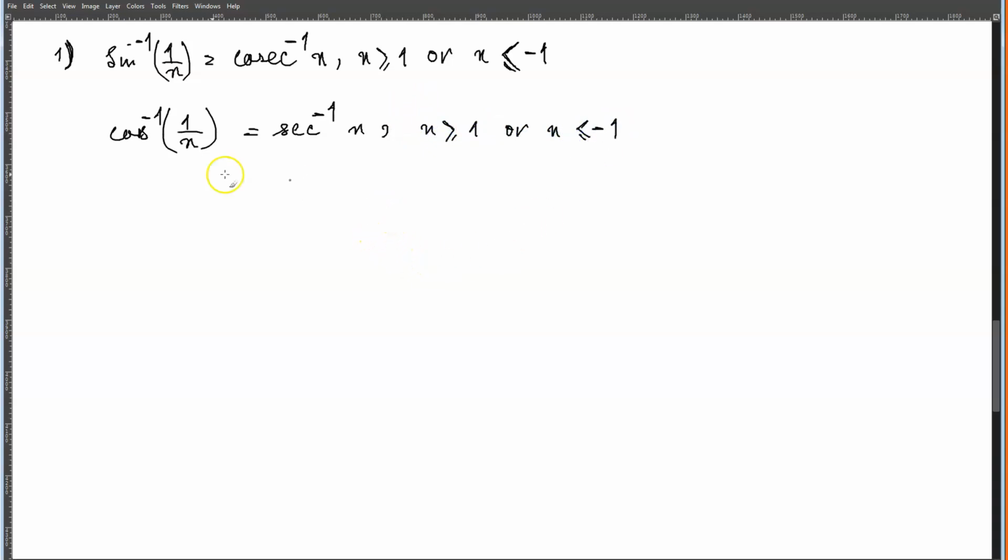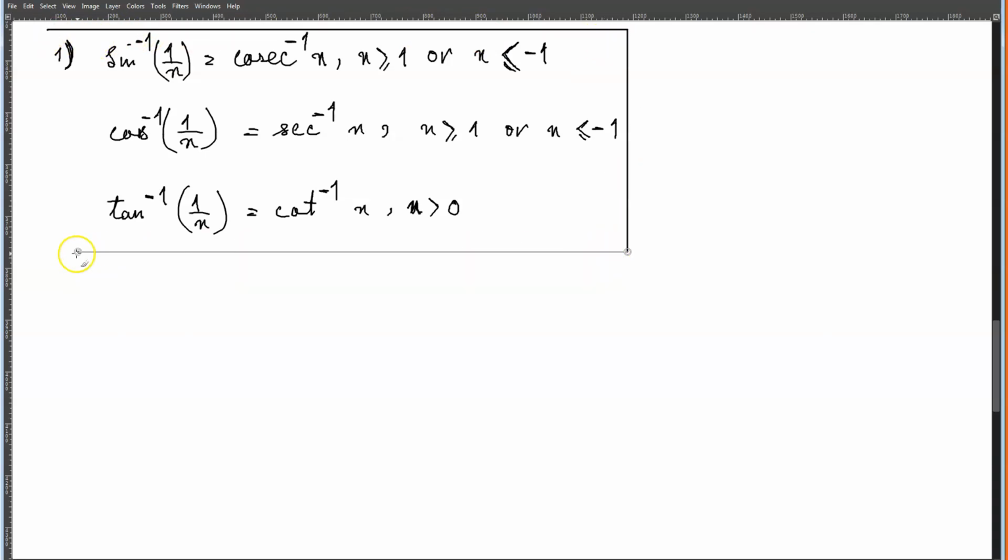And part 3, we said that tan inverse of 1 by x is equal to cot inverse of x for x greater than 0. So this is the first set of results that we talked about.